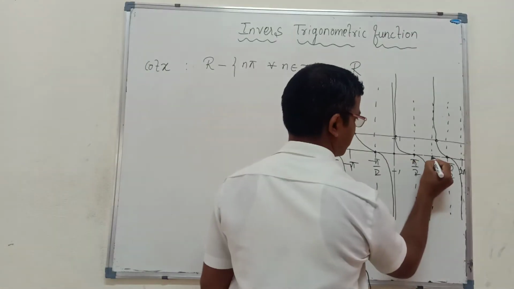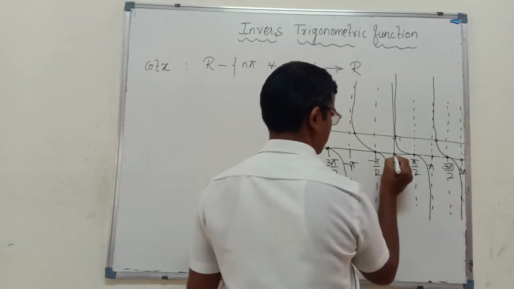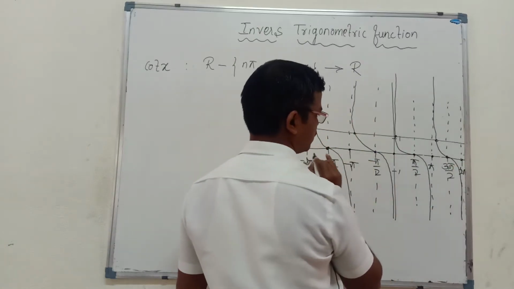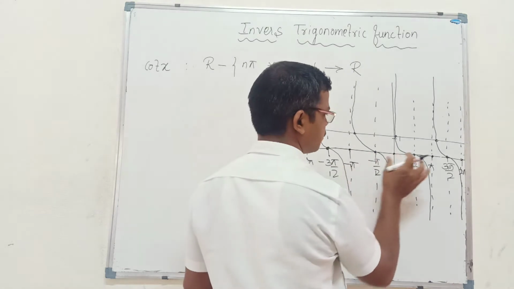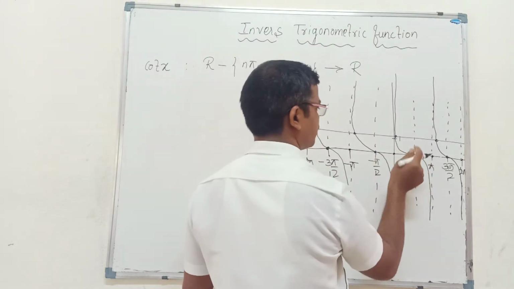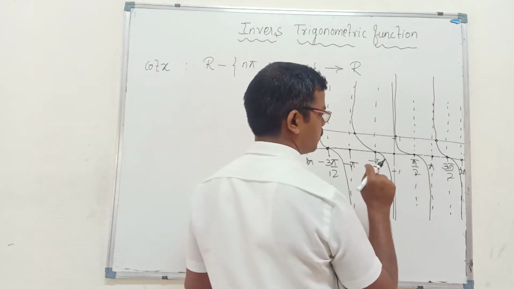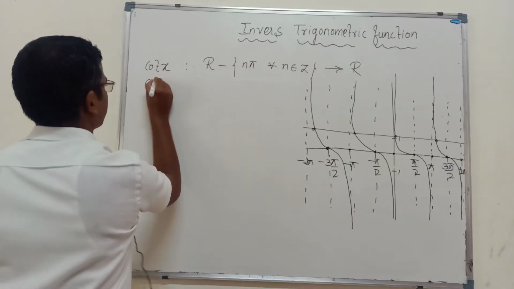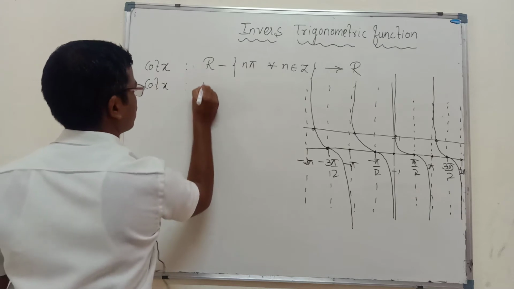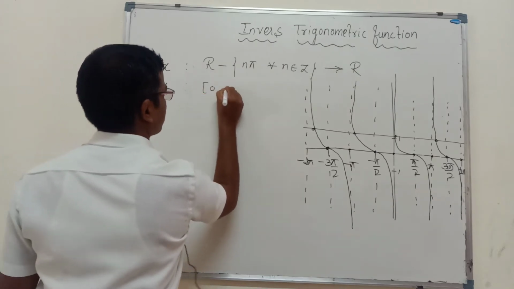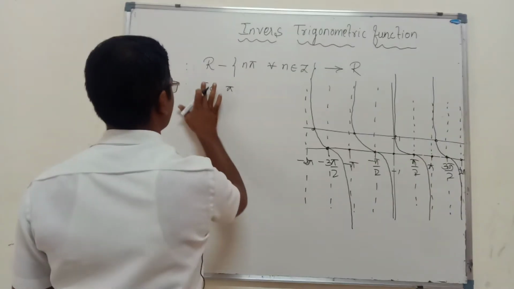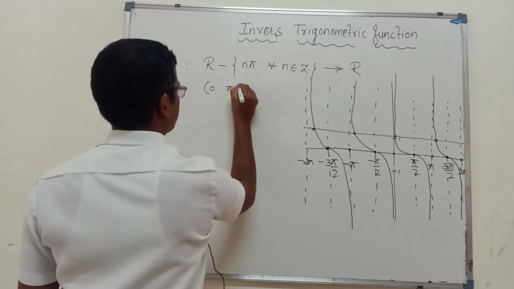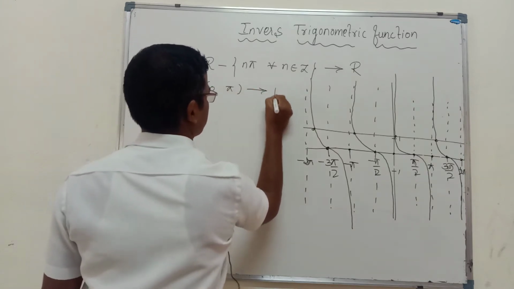So 0 to pi, pi to 2 pi, 0 to minus pi. In these regions we get only one point. In these intervals our cot function is both one-one and onto. So cot x is a function from the open interval 0 to pi to the real numbers.